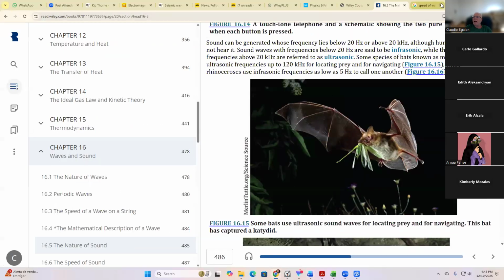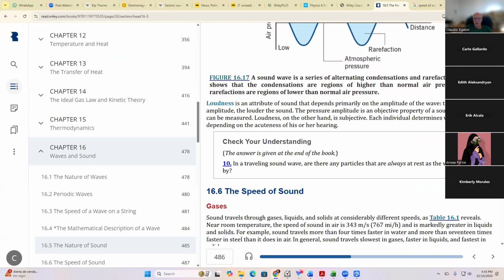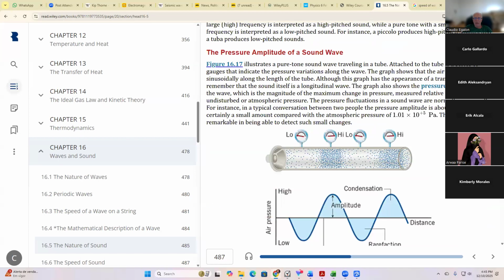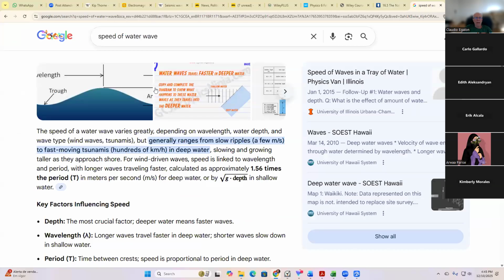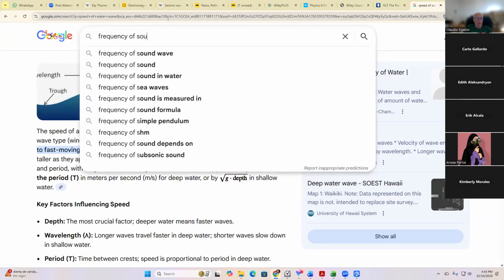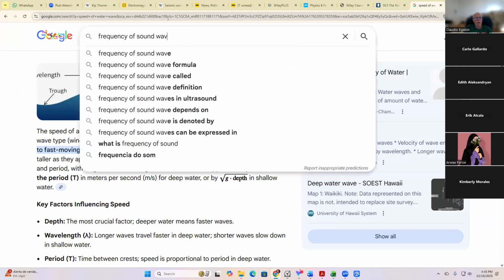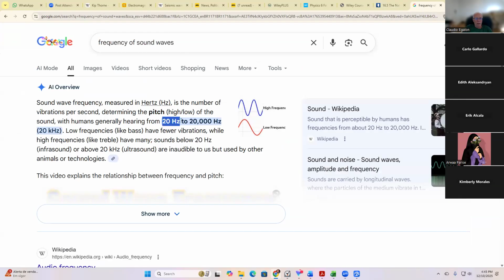Let's take a look. I want to double check that and confirm this value. The book doesn't have it. Frequency of sound waves. Yeah, 20 hertz and 20 kilohertz.